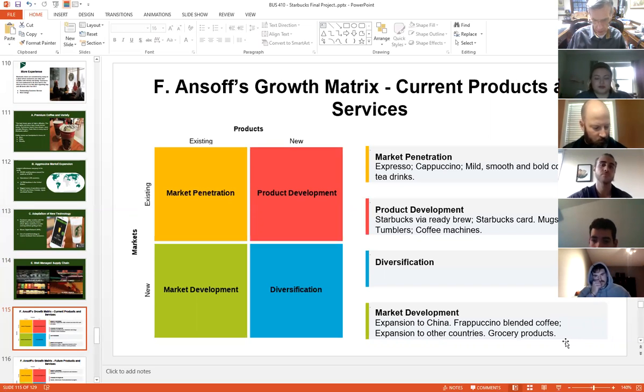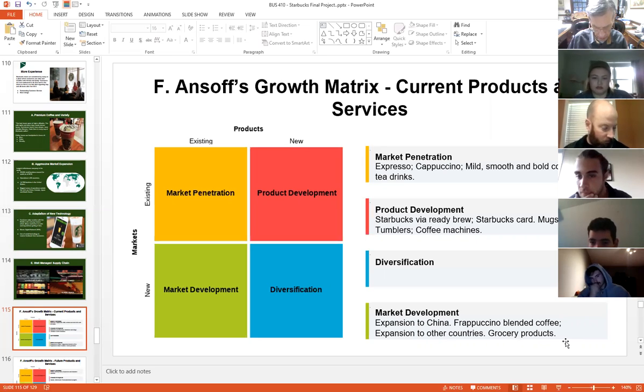Yeah, market development's where we take existing product into new markets, and that's the international program. Starbucks hasn't done much diversification, new product for new market, because they've been expanding with the product they've got, this really unique in-store experience, and basically the coffee product.